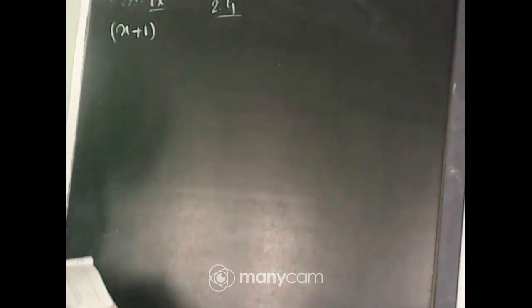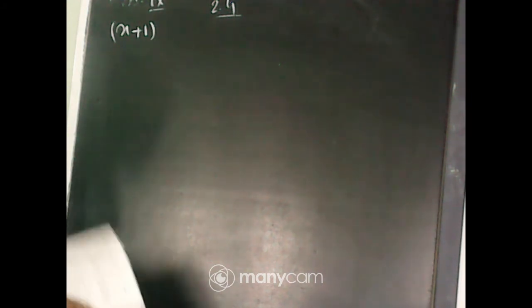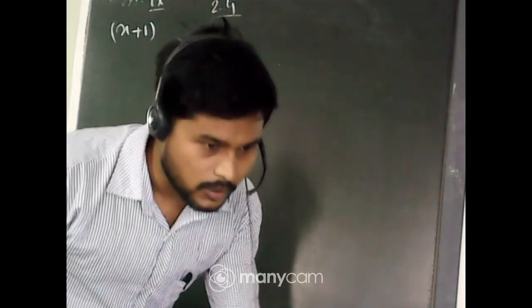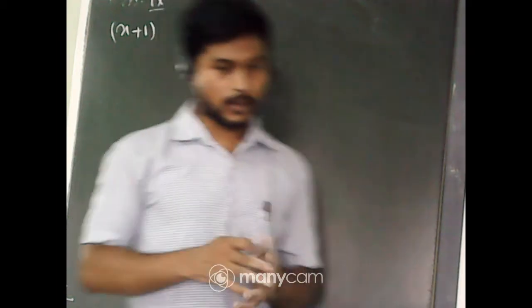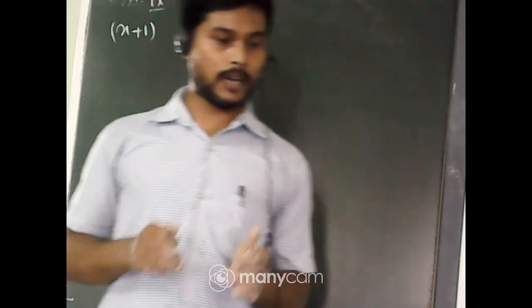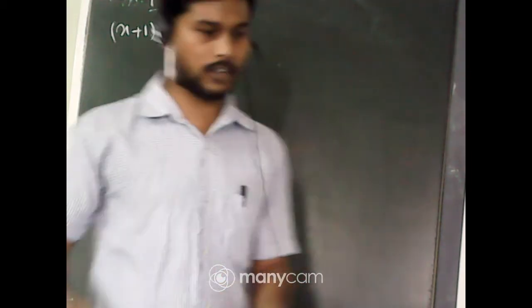So the definition of factor theorem is, let p of x be a polynomial, x minus a will be a factor of the polynomial p of x if p of a equal to 0. Conversely, if p of a equal to 0, then x minus a will be a factor of p of x. This is the definition.